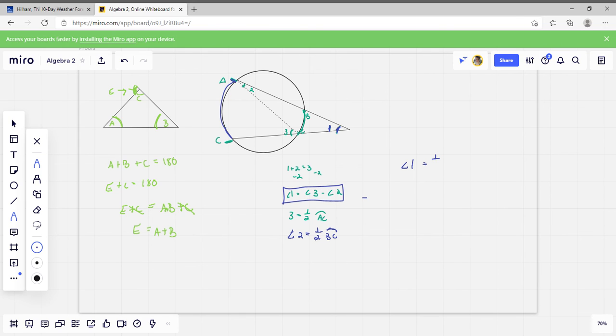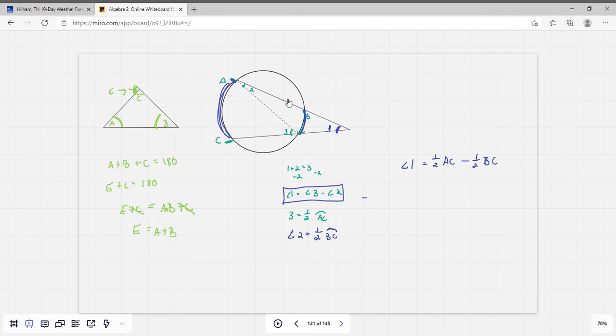Well, angle 3 is 1/2 AC minus angle 2, which is 1/2 BC. So that's why we subtract. So if we're trying to find angle 1 right here, we take this arc right here and we subtract this arc right here, and then we divide by 2. All right, so that just proves why you do that.